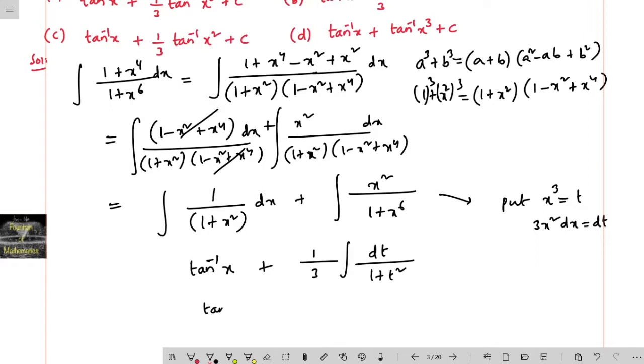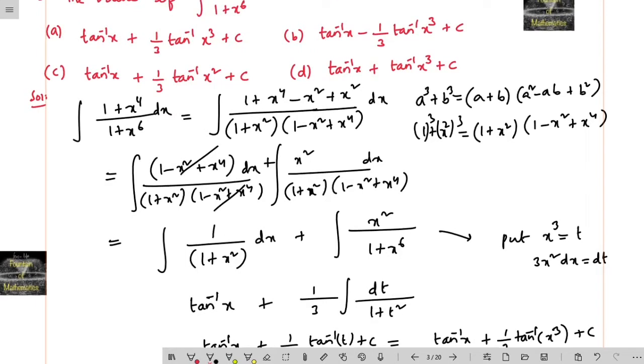So this is tan inverse x plus 1 upon 3 tan inverse of t, and this also plus c, I can write integral constant is equal to tan inverse x plus 1 upon 3 tan inverse of t is nothing but x power 3 plus c. So we can go with option 1 upon 3 tan x inverse x cube.